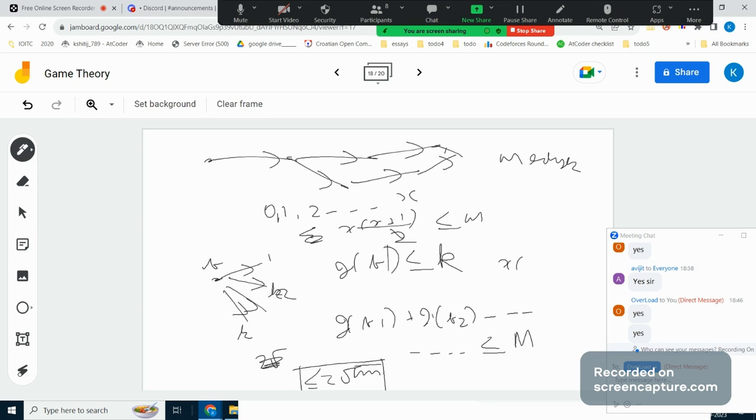So we get x into x plus 1 is less than or equal to m. So x square is less than or equal to 2m, and x is less than or equal to the square root of 2m. So the number of distinct values is very small.